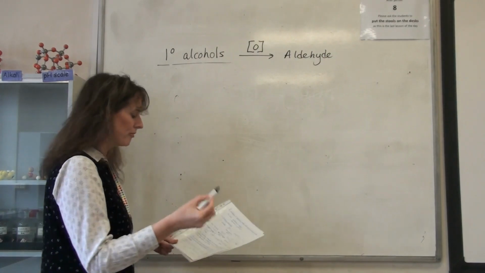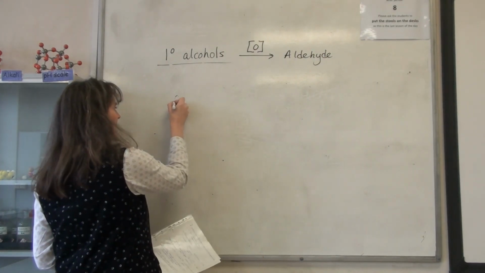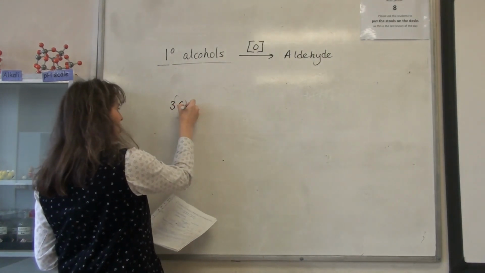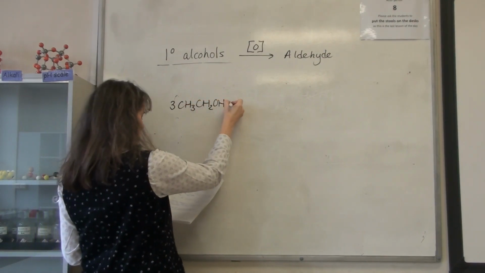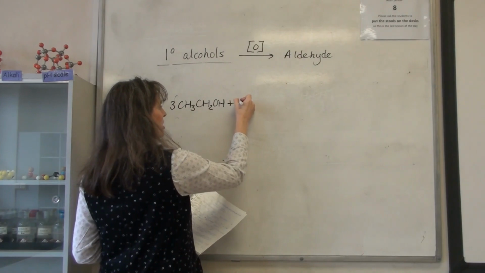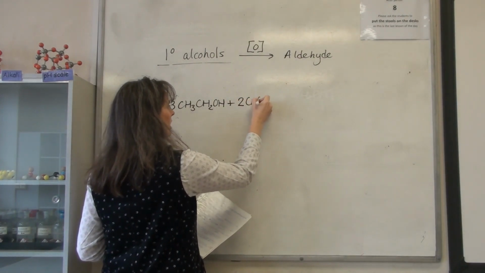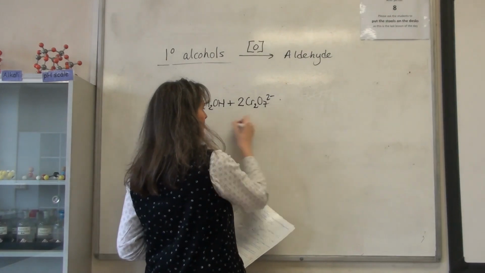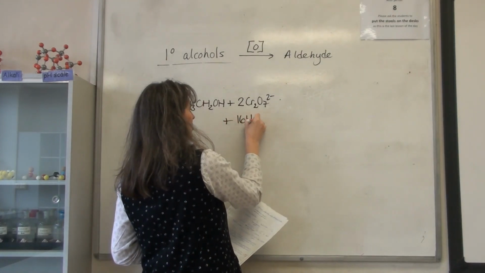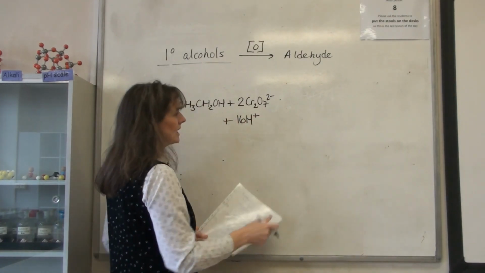Now, just for information, the full balanced equation for ethanol with dichromate, which we'd require 2, and 16H+.